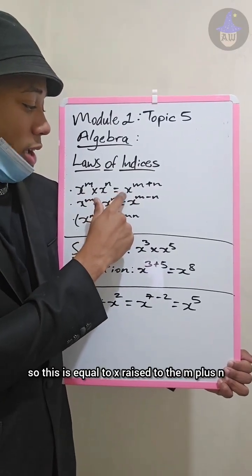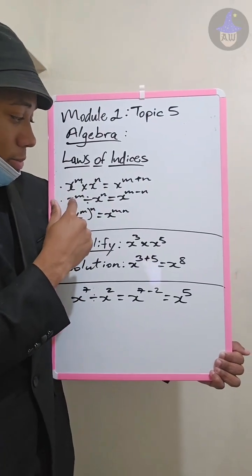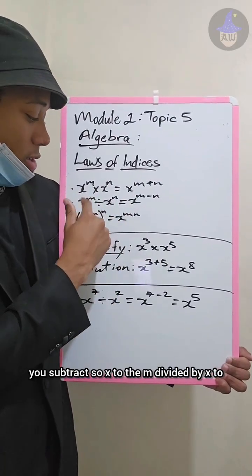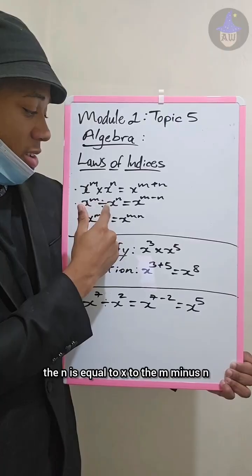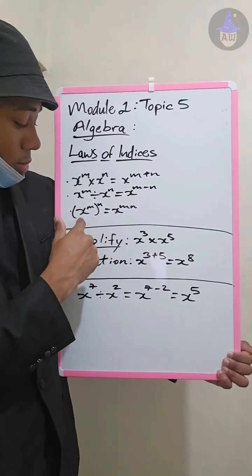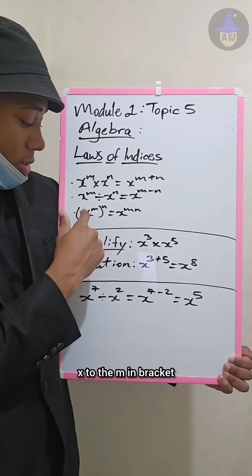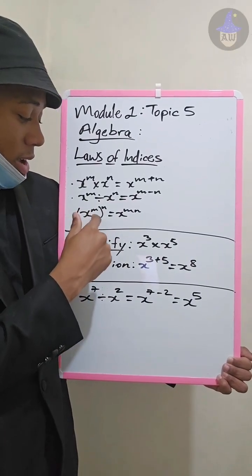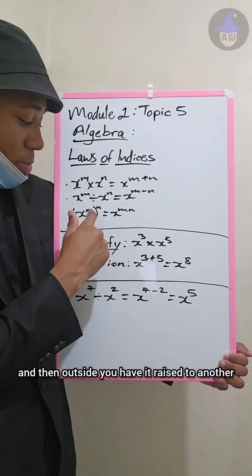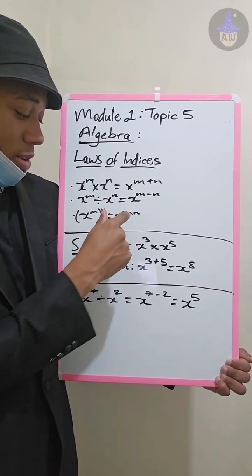So this is equal to x raised to the m plus n. Now if you're dividing them, you subtract. So x to the m divided by x to the n is equal to x to the m minus n. And then if they're in bracket, x to the m in bracket, and then outside you have it raised to another power n, it is equal to x raised to the m times n.